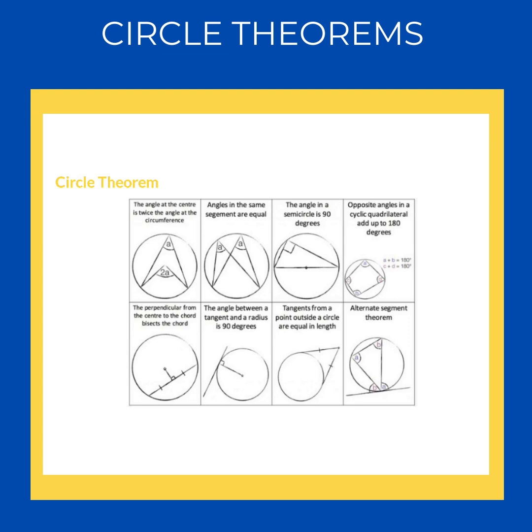Now the 5th rule is the perpendicular from the center to the chord bisects the chord. So this is the center of the circle and this is a chord. A chord is a line that goes from one end of the circle to the other end of the circle without passing through the center. And this is a line that starts from the center till it meets the chord.